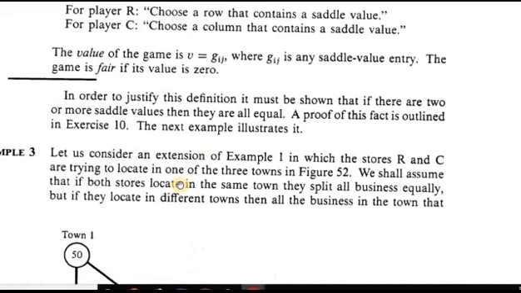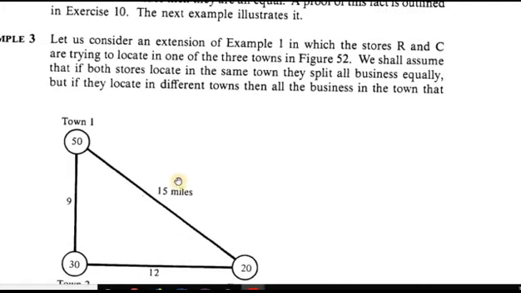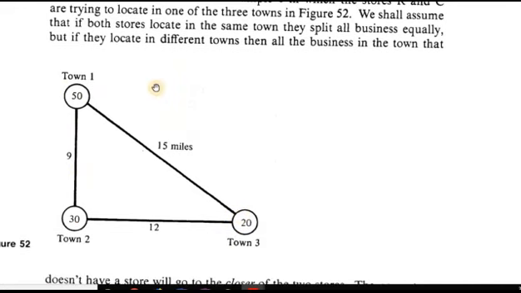All right. So here, let's consider another case where we have 3 towns, and these 3 towns are listed here. These numbers give the percentage of the total population: 50% of the total population in town 1, 30% in town 2, and 20% in town 3. In this case, the rule is that customers will go to the closest store.